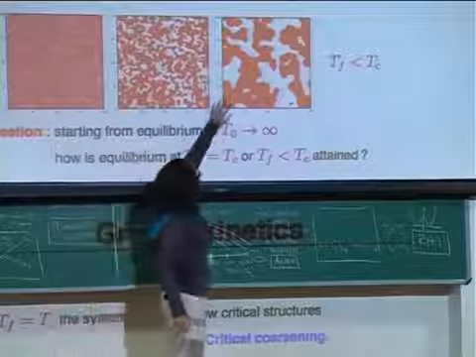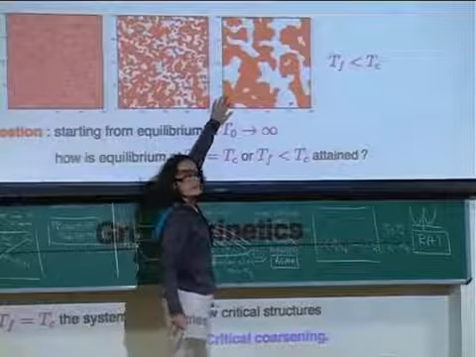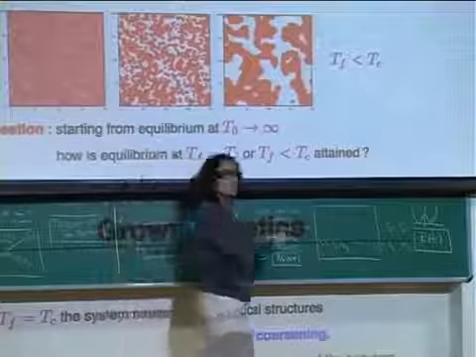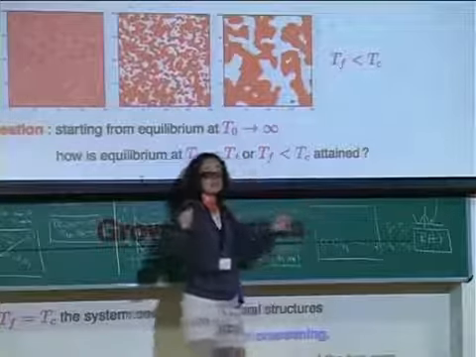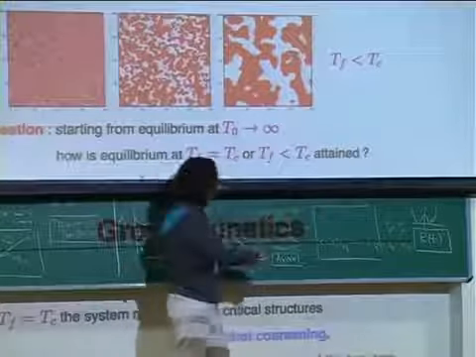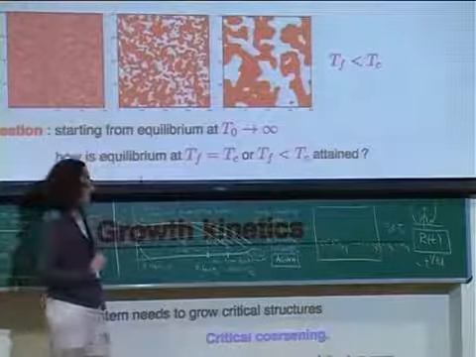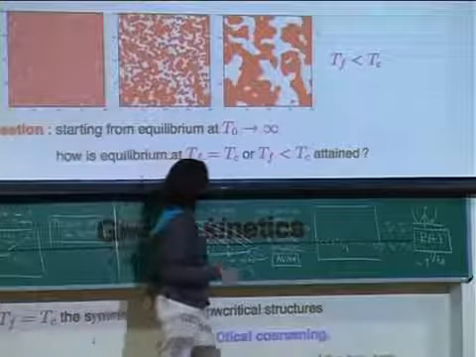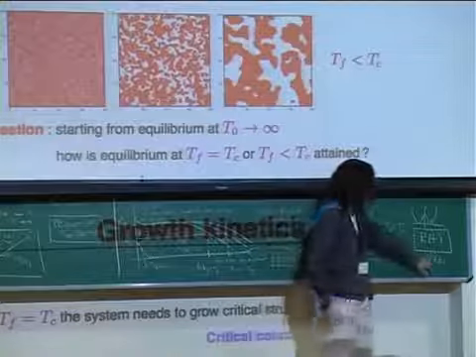It is the typical linear size of these domains. And if I want a domain to cover my sample, I need R of t to become of the order of L, the linear size of the sample. But it turns out that this R of t below the critical point also typically grows as a power law, but with a different exponent from the one that I discussed before at the critical point. But it's still a power law. There are other cases that I will discuss later, but typically it's a power law.